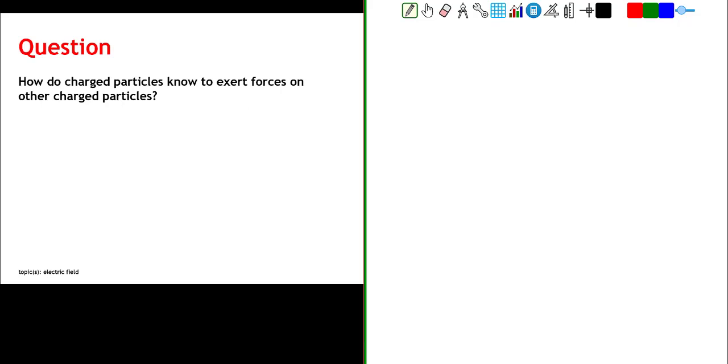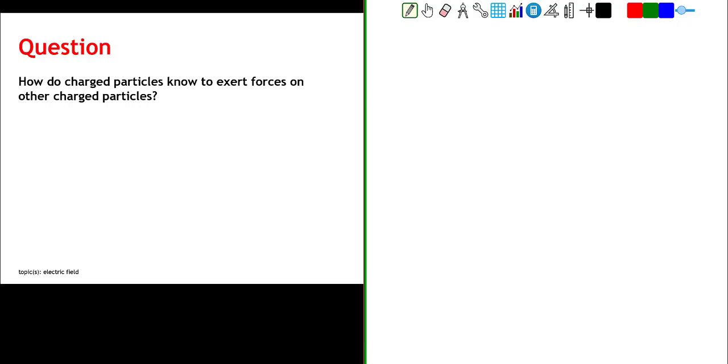Now you're probably wondering and have been dying to ask, how do charged particles know to exert forces on other charged particles? Well, that's a good question because charged particles don't need to touch in order to exert forces on each other.